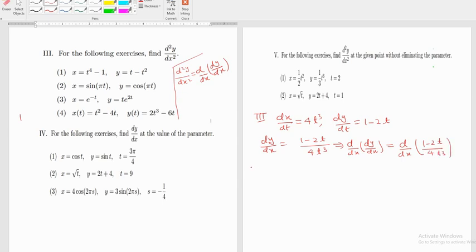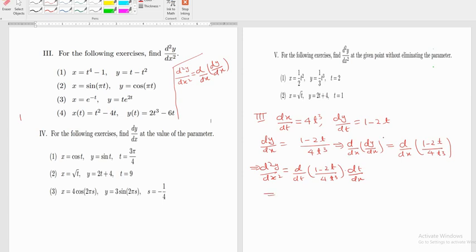So differentiate this one. So d2y dx2 is equal to d dx. But here function is t. So just write d dt of 1 minus 2t divided by 4t cube, and dt dx right here. That means differentiate this one.